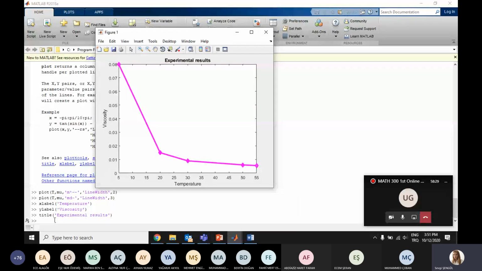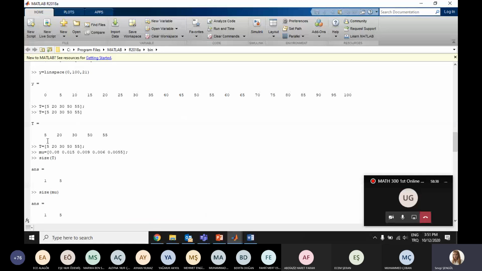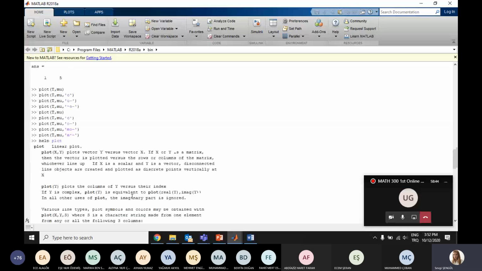And if you have more than 2 viscosity values, for example, for the same temperature, so I defined T and mu. Let's say in the first experiment, you find the viscosities like that.